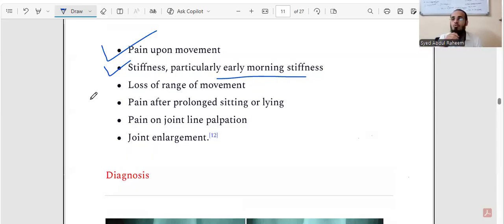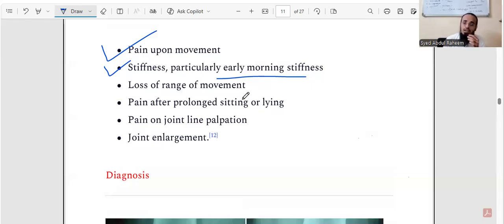Okay, compulsory. When you do the examination, you will get an idea which area is most affected, whether the medial side or lateral side. These are the movements you have to do definitely in your clinic.